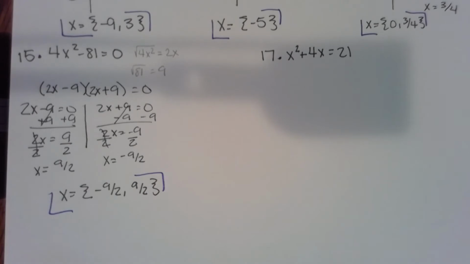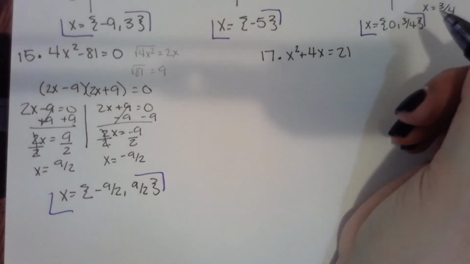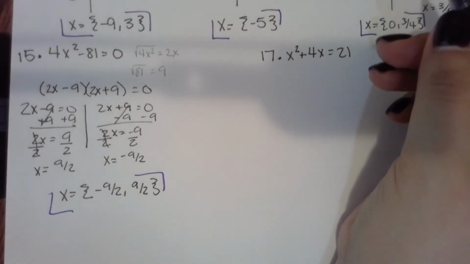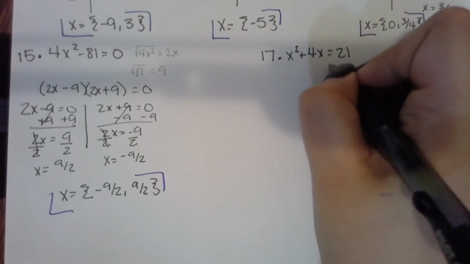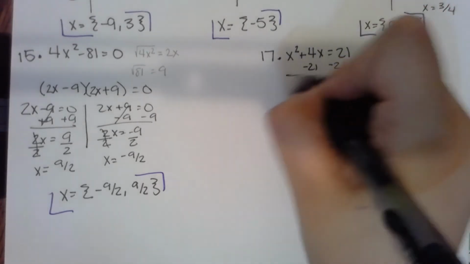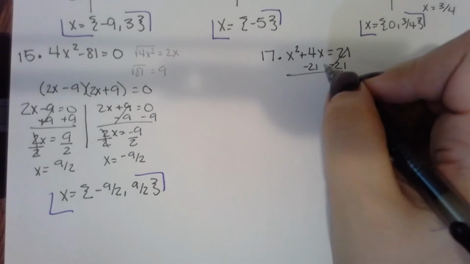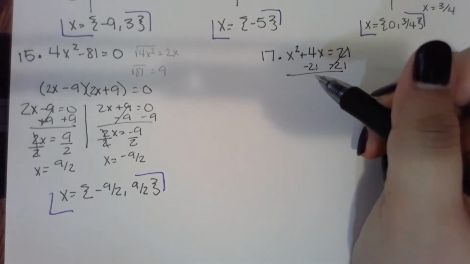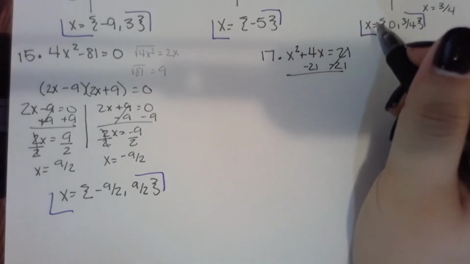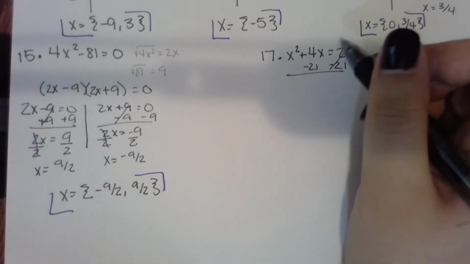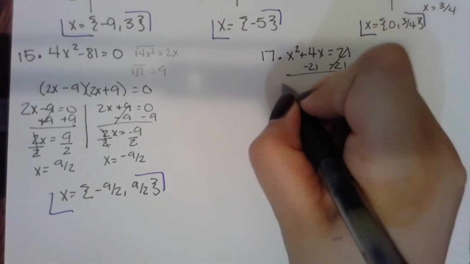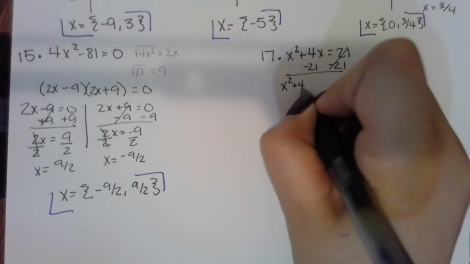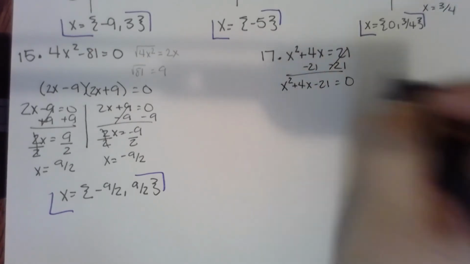To get your quadratic on one side and 0 on the other, all you have to do is subtract 21 on both sides. Since the left side has an x squared and an x, but no constant, you won't be combining any terms, just tacking it onto the end. So it'll be x squared plus 4x minus 21 equals 0. And then you're ready to start.